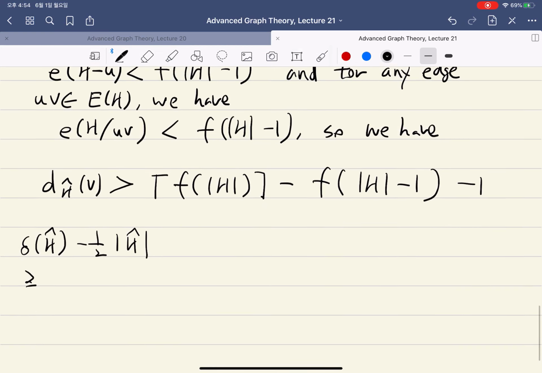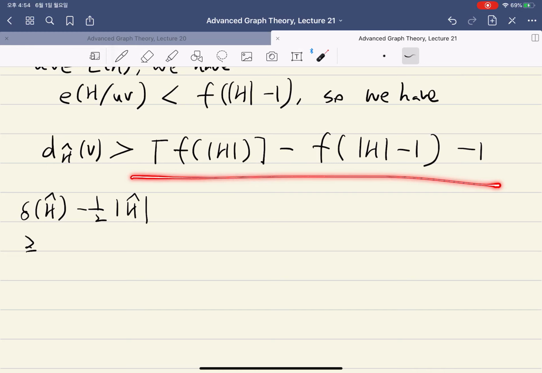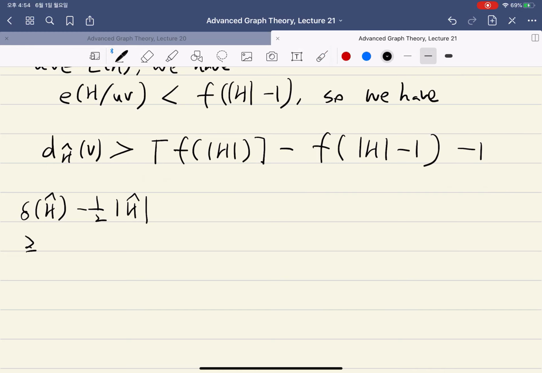So what's the minimum degree of H? Which is first this, which is r times H hat times log 2 4r over the size of H plus 2.